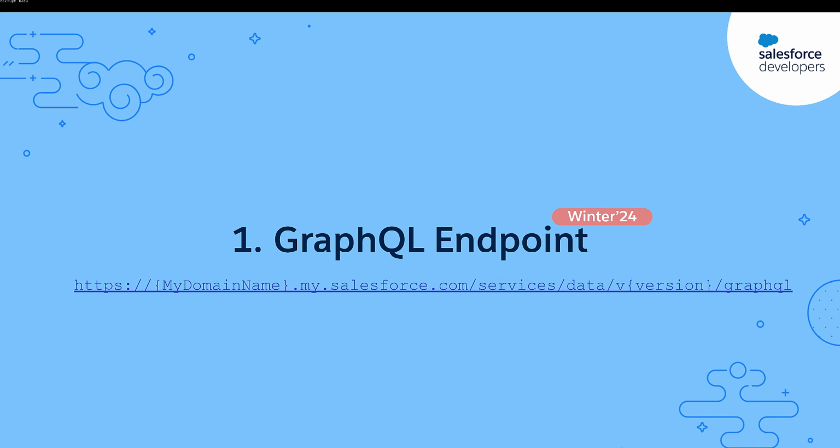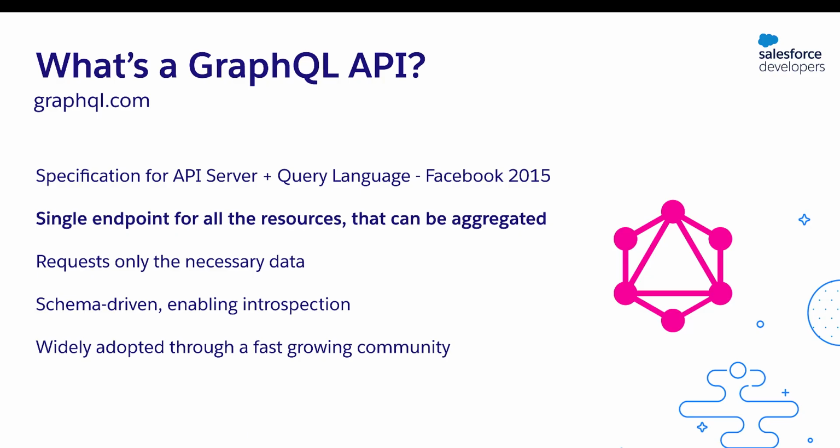It's a specification for API servers, plus it's a query language, and it's been proposed by Facebook since 2015. We implemented this query language on our server at Salesforce. So we expose a single endpoint for all the resources, and they can be aggregated.